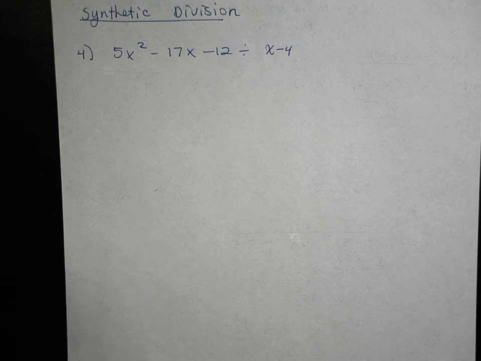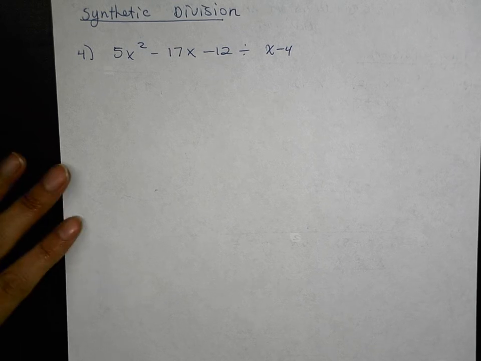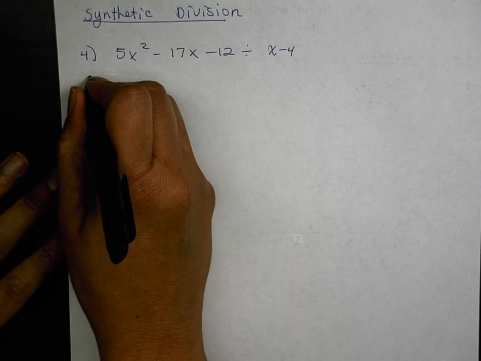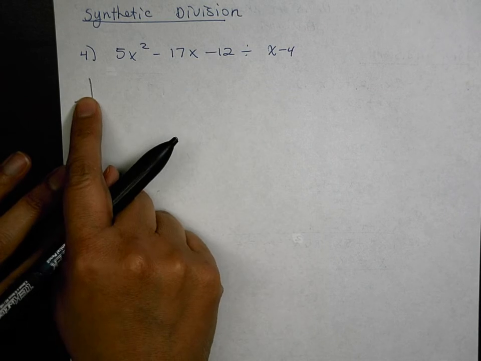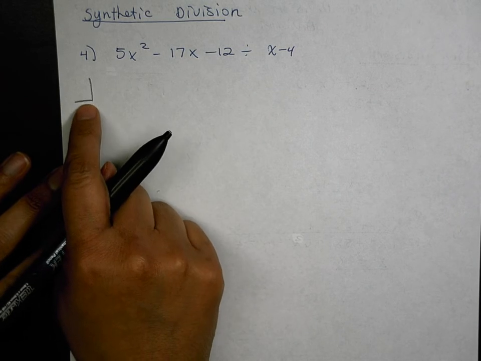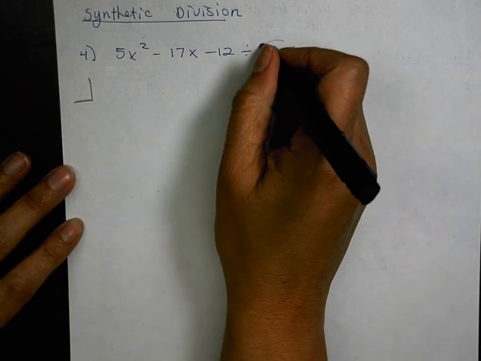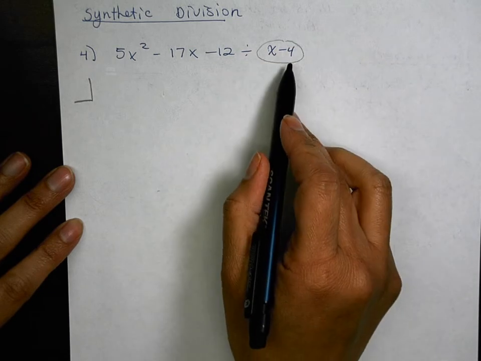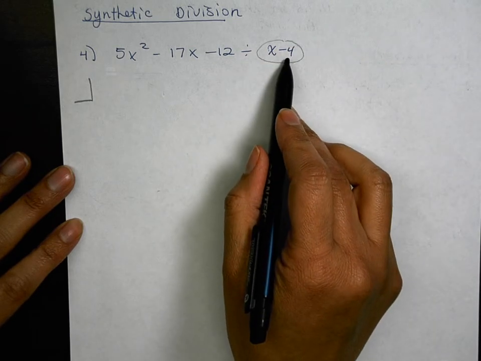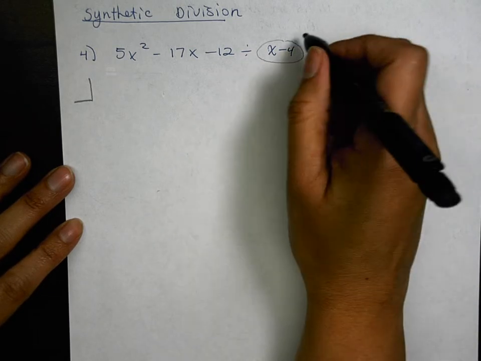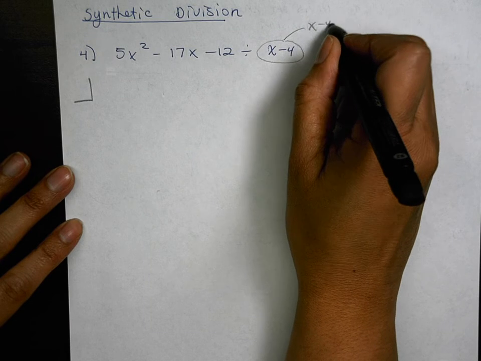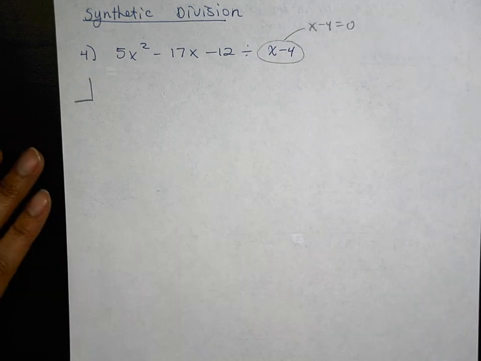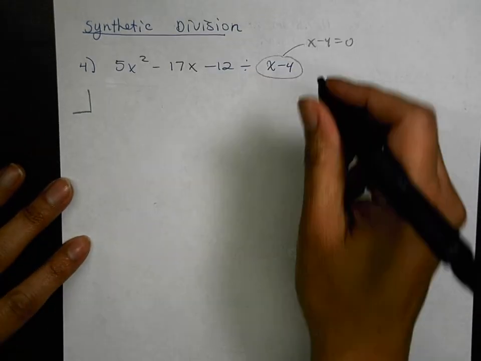Okay, here's how it works. You're always going to have a little number in this corner box here. Whatever's given as the dividing piece, whatever you're dividing by, you set it equal to 0. X minus 4 equals 0. You solve, what do you get? X equals 4.